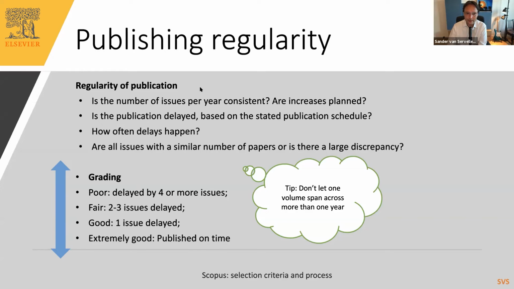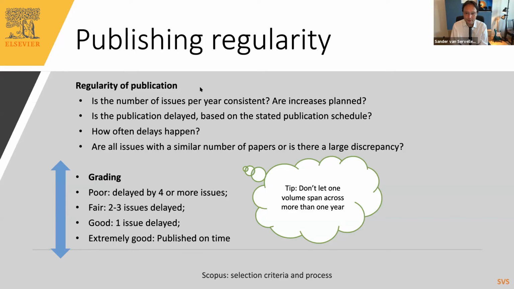And they're going to look at how many issues have been late or delayed. It's okay to increase the number of issues. So if you said, well, we've done 2 per year, but we're receiving many more good submissions, so we want to go from 2 to 4, that's perfectly fine. But once you go to 4, you should not fall back to 2, because it needs to be regular.